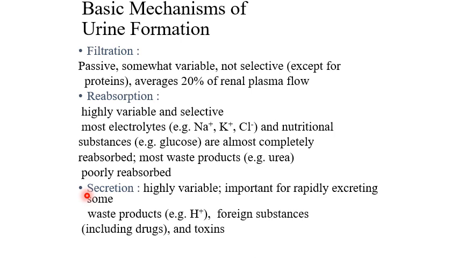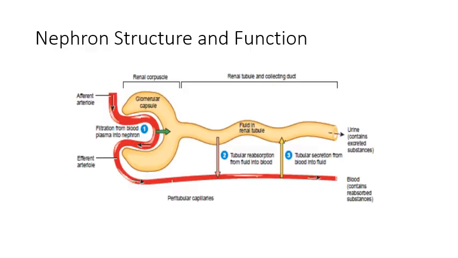So those are going to be added into the filtered fluid من peritubular capillaries, added mainly actively. okay، يعني بنصرف طاقة in order to get rid of these waste، حتى إنه يزيد ال efficiency of eliminating these substances.